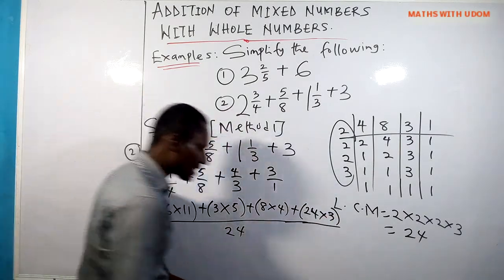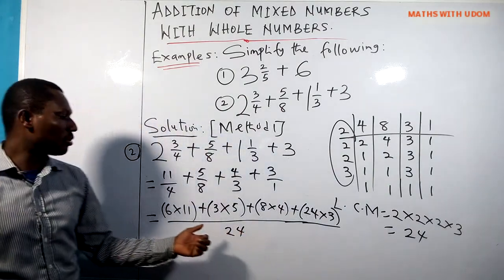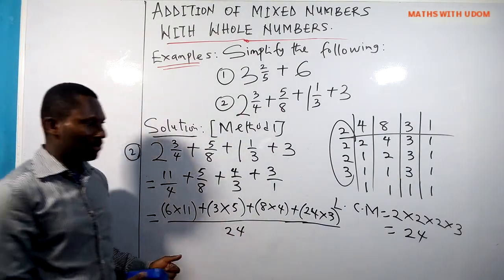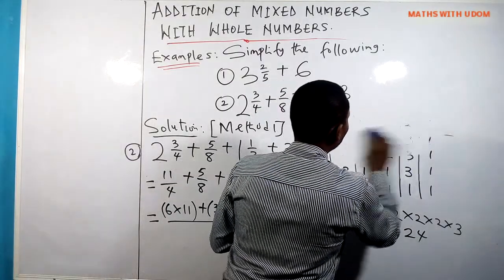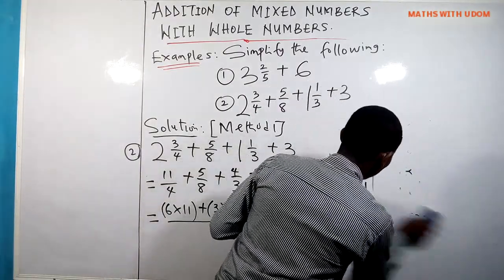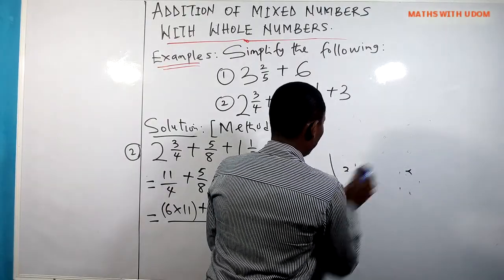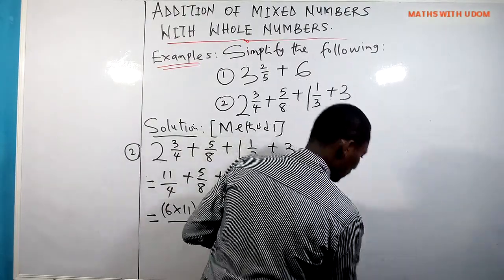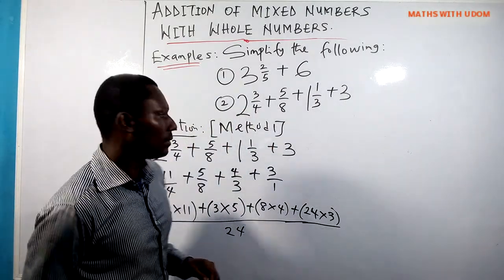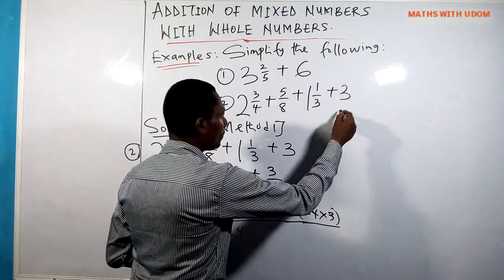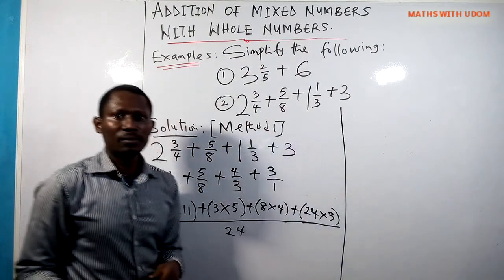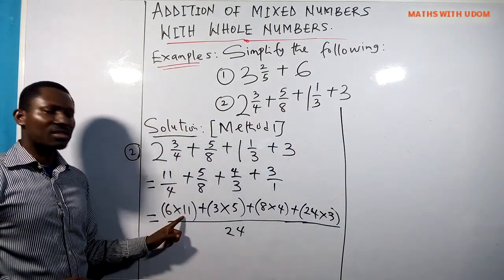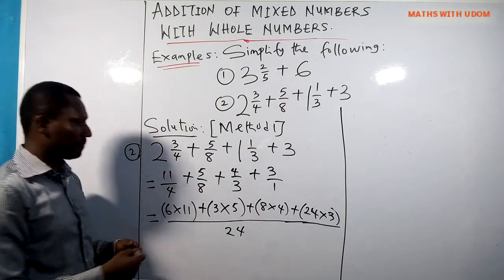So the next thing is that we are going to continue to simplify this so that we can get our answer. So we'll come to this side and continue. For our numerator, 6 times 11 will give us 66.